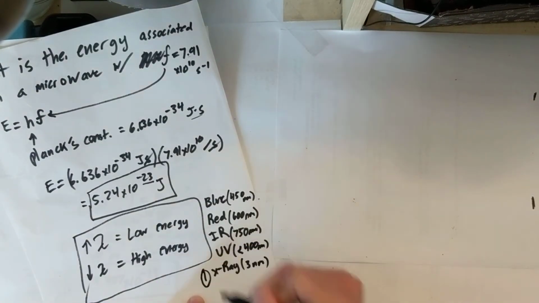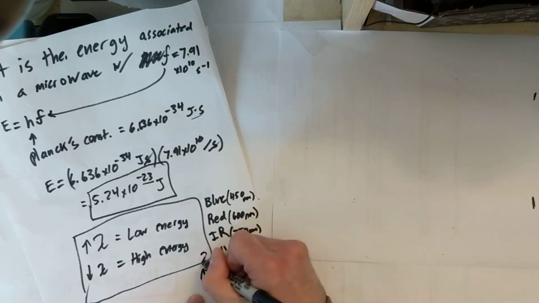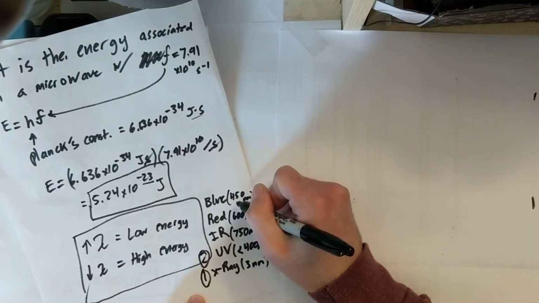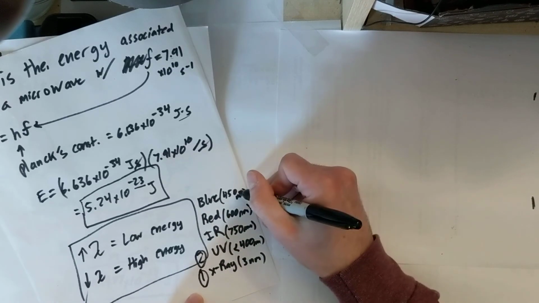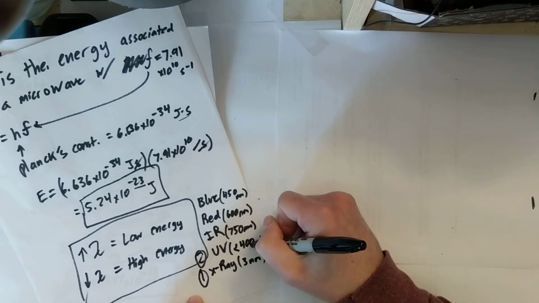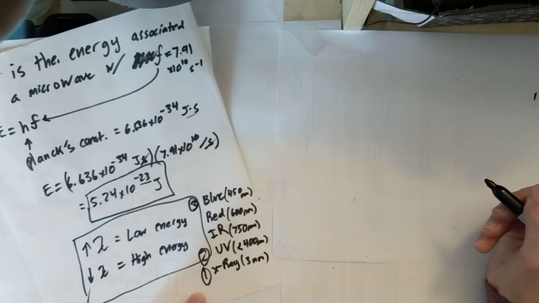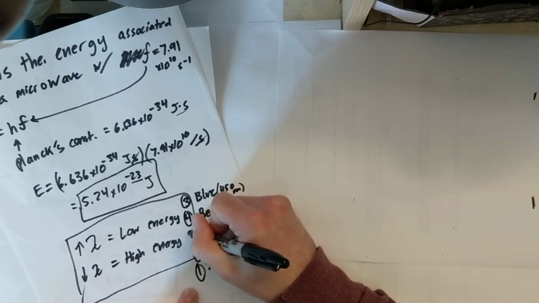So X-rays would be the first one. The second one would be UV. That would be 2. Then we have IR, red, and blue. So IR is longer than red, and red is longer than blue, and blue is longer than UV. So that's why blue is going to be 3. And then if we have our red, that's going to be 4, and then IR is going to be 5.